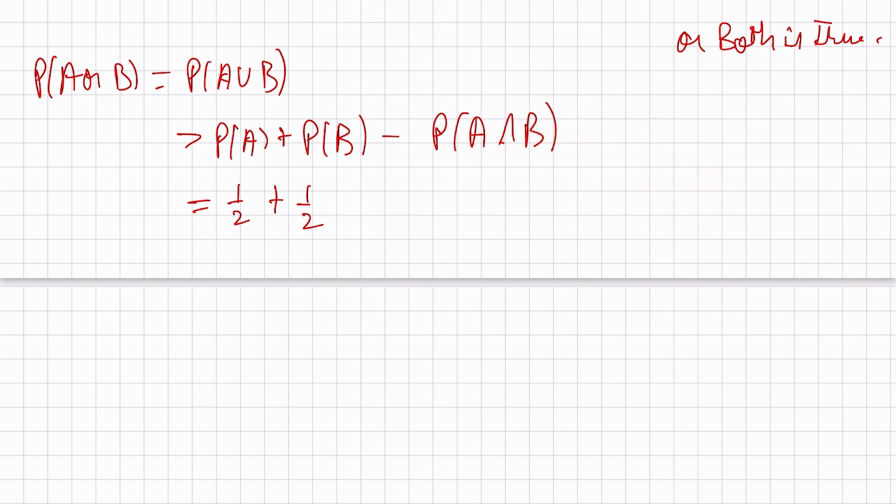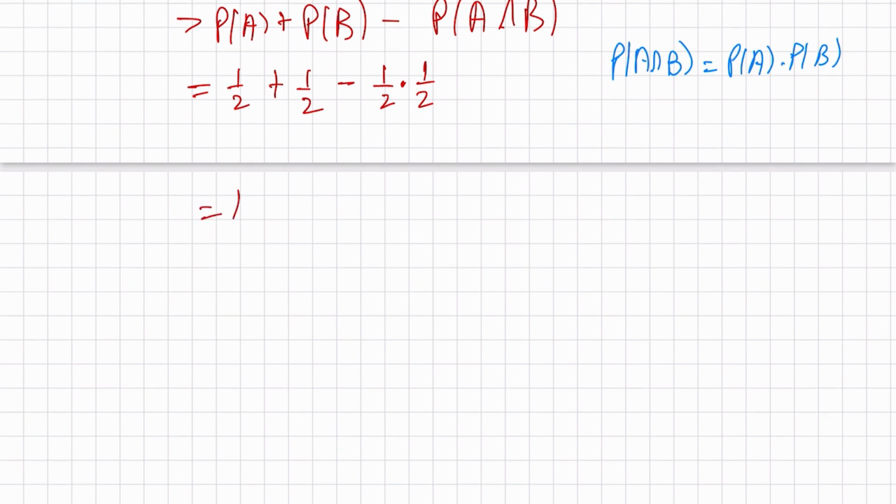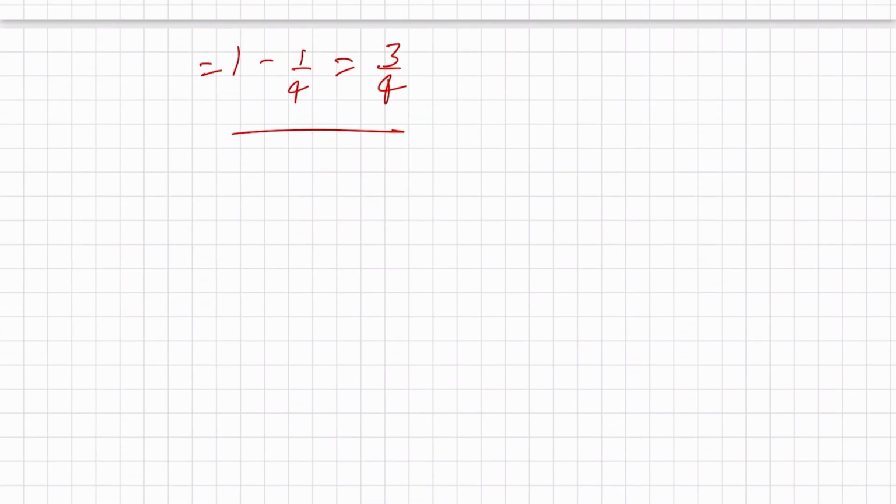This means the probability is half times half, because these are two coins and they're independent. One coin toss is not going to affect the other, right? So I can also say that the probability of A intersection B is the probability of A times the probability of B. We can apply this independence here, and suddenly it becomes easier. So now it's 1 minus 1 over 4, which is 3 by 4. Okay, so this is the probability we have.